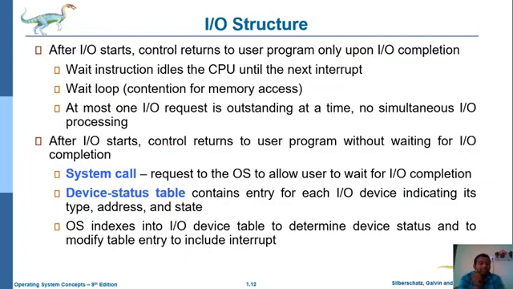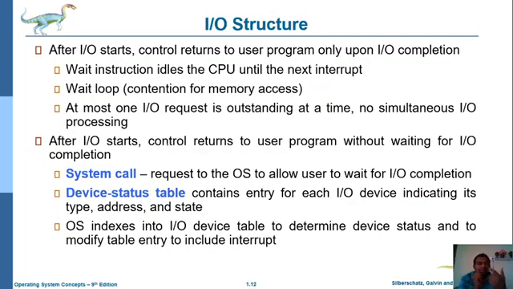So that is nothing but a device status table. This table contains information such as what total IO requests were generated by that particular computer, and which type of IO.